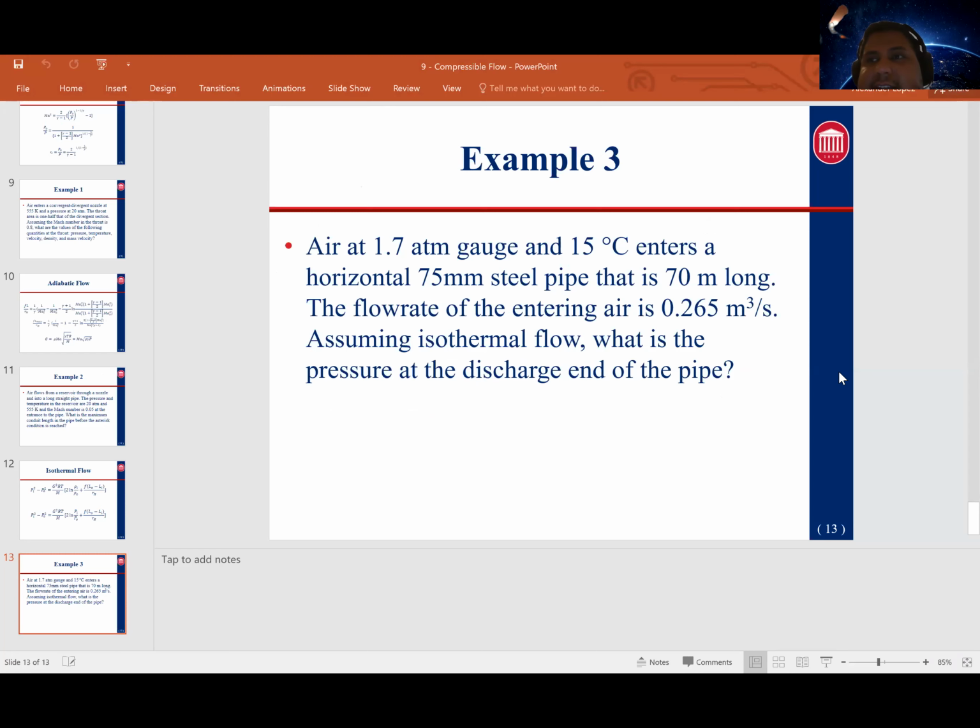Assuming the flow rate entering is approximately 0.265 cubic meters per second, and assuming isothermal flow, what is the expected pressure at the discharge end of the pipe? So what we're really looking for in this case is P sub B.